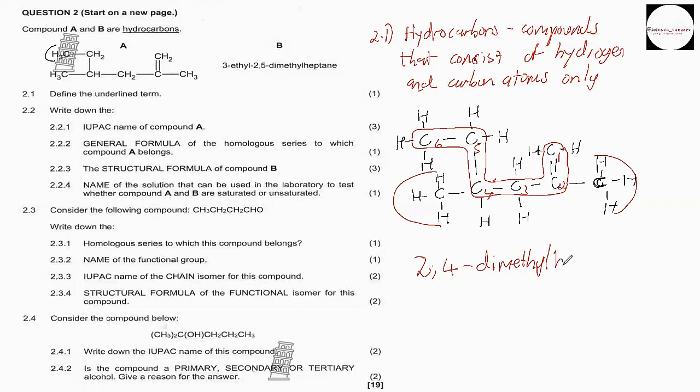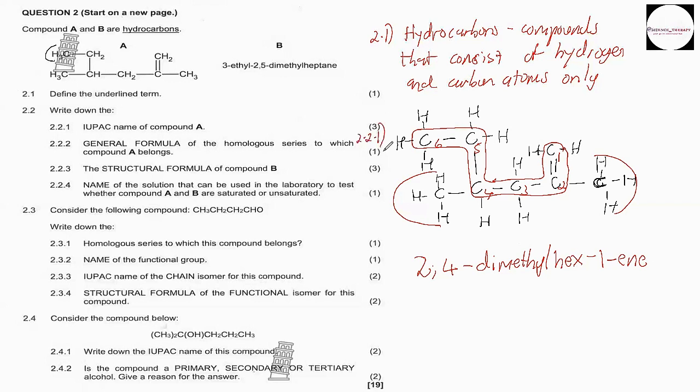So this needs to be hex. And then indicating the position of the double bond that's in position number 1. So that's hex-1-ene, right? So 2,4-dimethylhex-1-ene, and that becomes the IUPAC name for compound A. So we were answering 2.2.1.